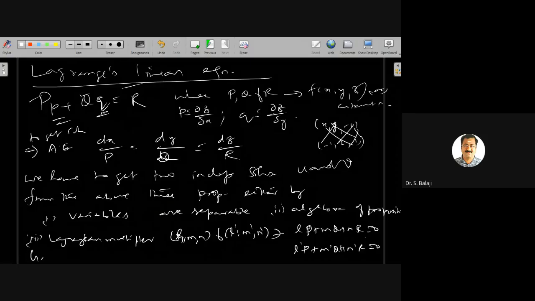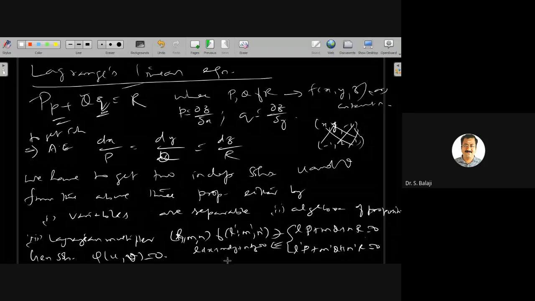Then the general solution for this type of Lagrange linear equation is function of u comma v is equal to 0. From these two equations you can get l dx plus m dy plus n dz equal to 0, and similarly l' dx plus m' dy plus n' dz equal to 0.